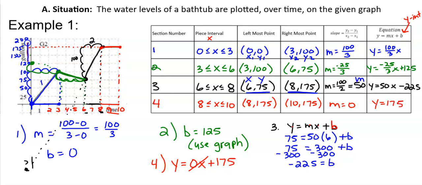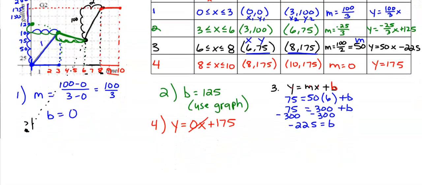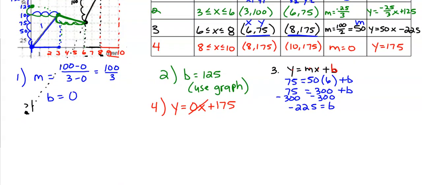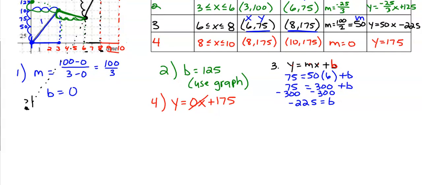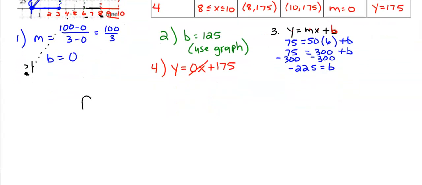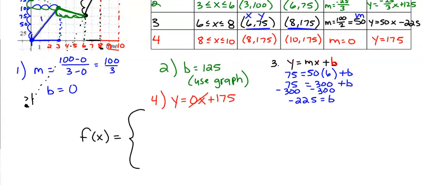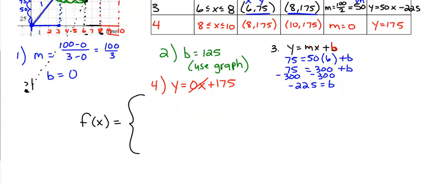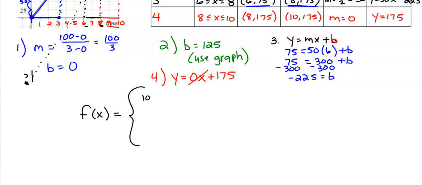And that's enough. Okay? Last thing is you need to put all of this stuff together in one nice piecewise function. So you are going to write f of x equals, you're going to make a giant bracket, and you're going to list out each of those equations. So 100 thirds x. You don't need the y equals because that's right here.